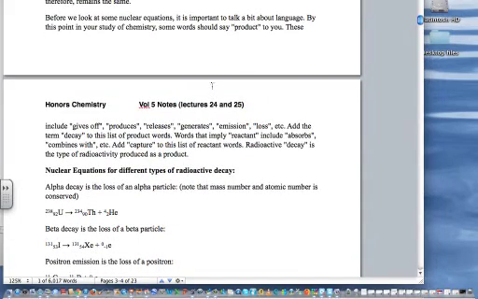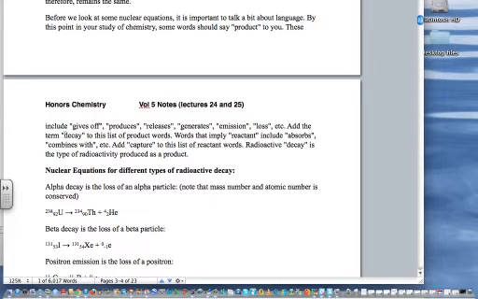Okay, one more thing before we do some nuclear equations, and that is just a little bit more terminology. At this point in chemistry, we use quite a large number of words to show that something is a product. Giving off, produces, releases, generates, emission, loss of electrons in oxidation is a product. Add the word decay.